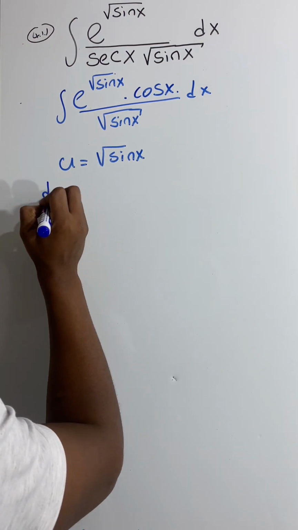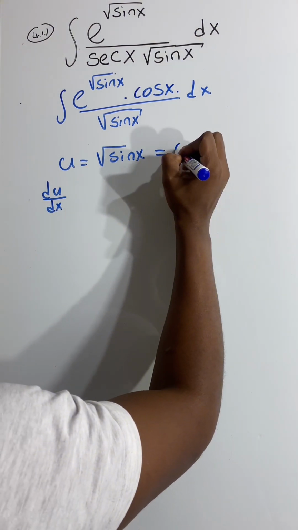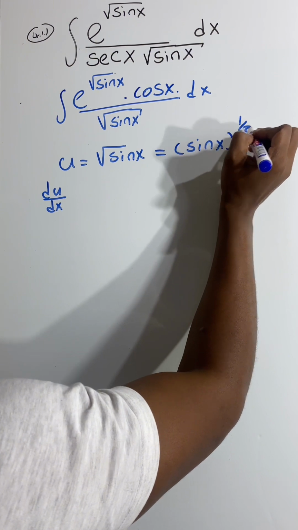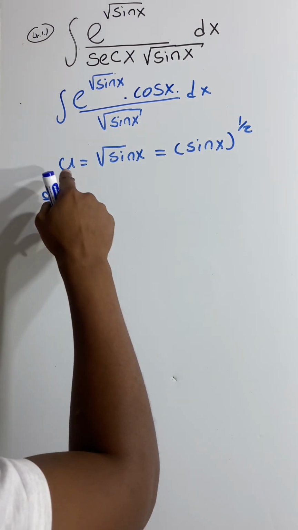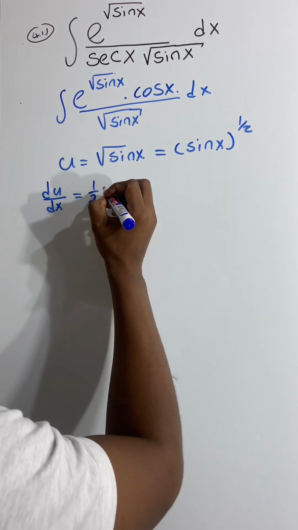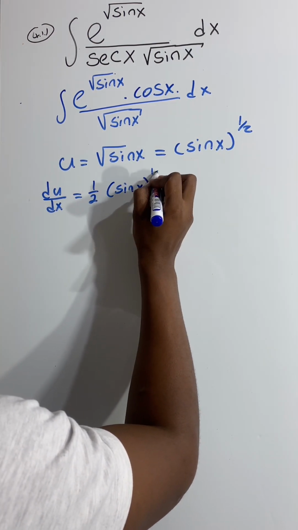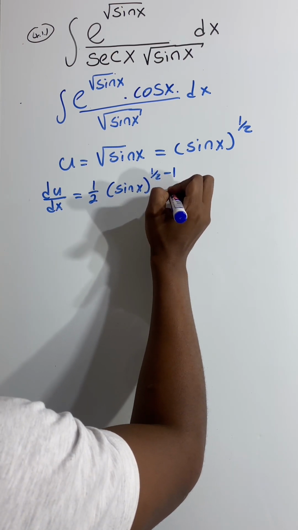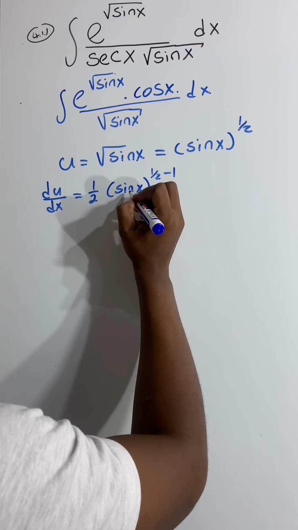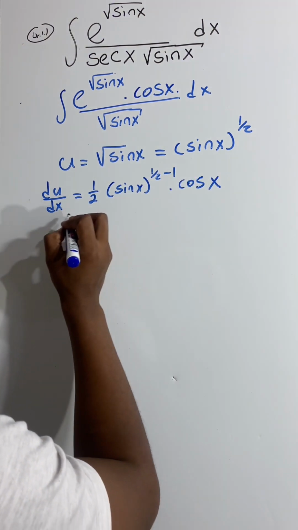So du over dx, we can derive this as sin x to the power 1 over 2. When we differentiate u with respect to x, the chain rule says that we must also differentiate the inner function sin x. When we differentiate sin x, we get cos x.